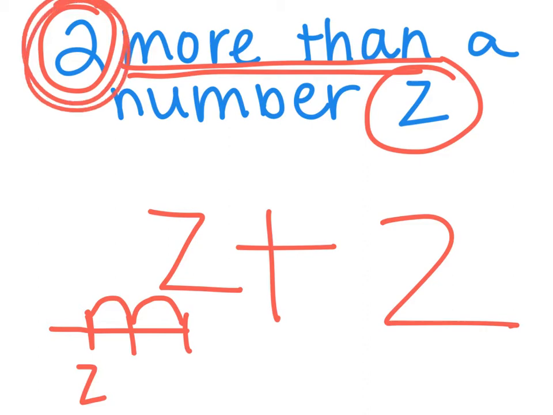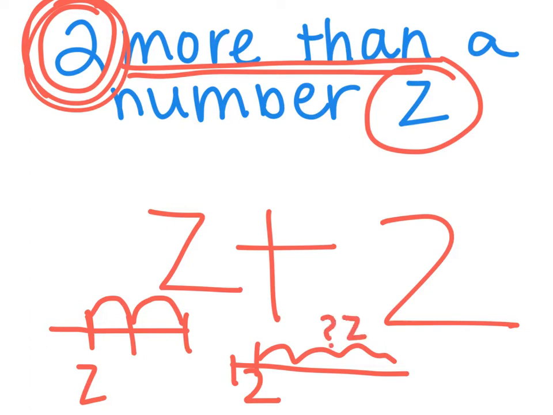Even though the 2 appears first in my phrase, it comes second when I have that phrase more than. If you think about it like a number line, it really helps. If it had said 2 plus z, I would be starting with 2 on my number line and adding however much z amount to that. But I'm starting with z, 2 more than z. So we start with whatever z is. So in this case, my algebraic expression is z plus 2.